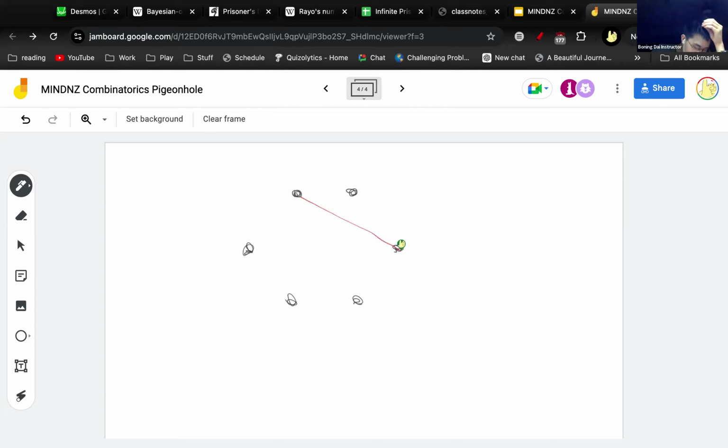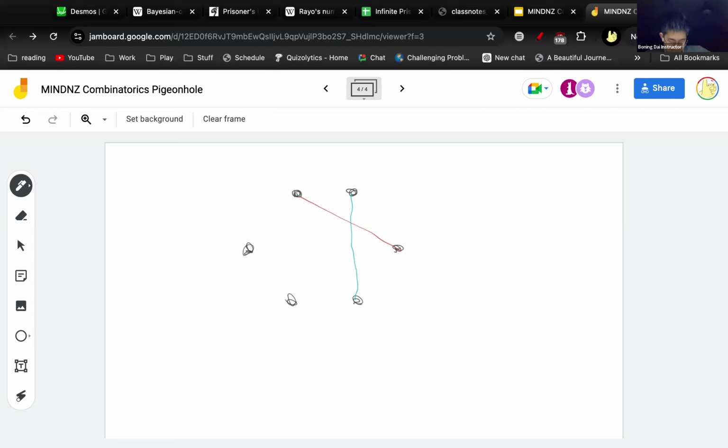And if they're not friends, then they're connected by a blue line to symbolize how they don't know each other. And now we want to color each line in the diagram such that it's either red or blue.